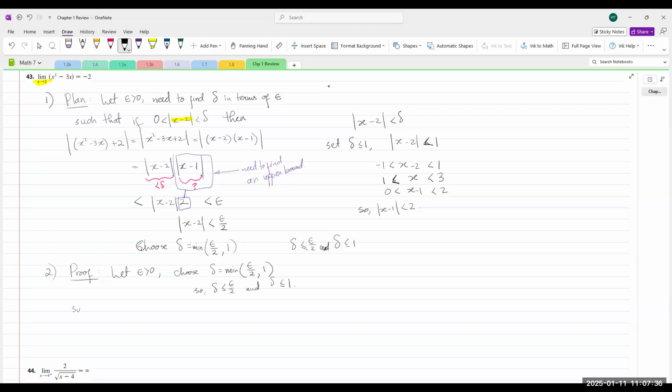Such that if the absolute value of x minus 2 is less than delta but not 0, then the absolute value of x squared minus 3x plus 2, I will factor these and write them as a product of absolute values.